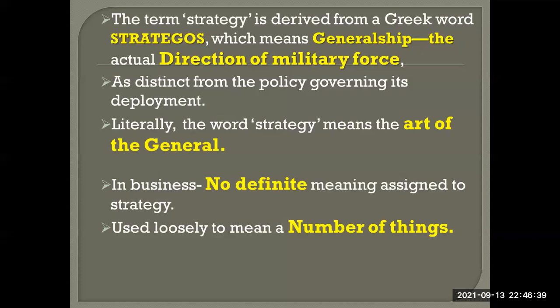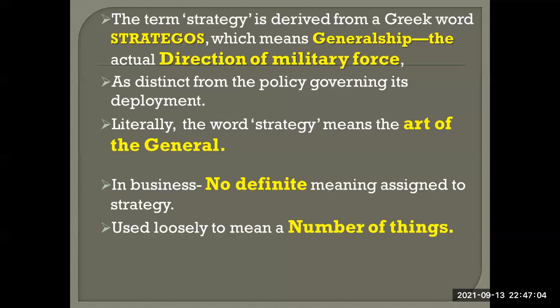So the word strategy comes from defense, where when we decide the direction or deployment of the military force, we use the term strategy, as distinct from the policy governing its deployment. Where we are deploying our resources, military force is one kind of resource.